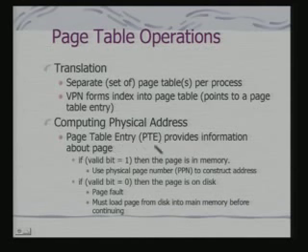So, the page table entry provides the following information. If the valid bit is 1, the page is in memory, so use the physical page number to construct the address. If the valid bit is 0, then the page is on disk. Hence, you raise an exception, and in response to the exception, the page would be loaded, and how this exception is serviced we have already discussed.